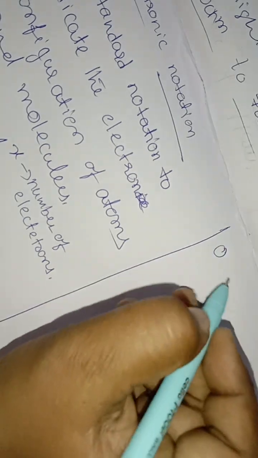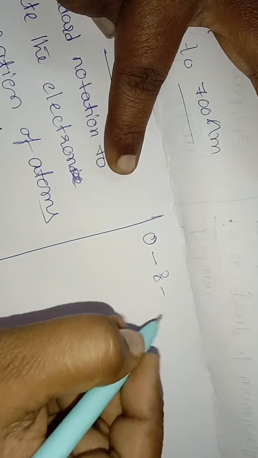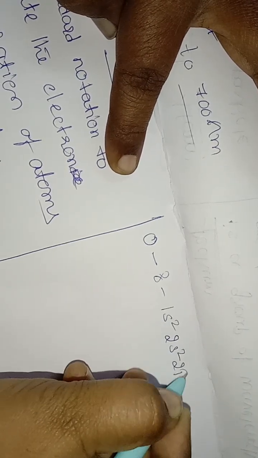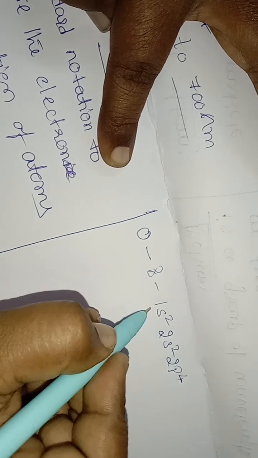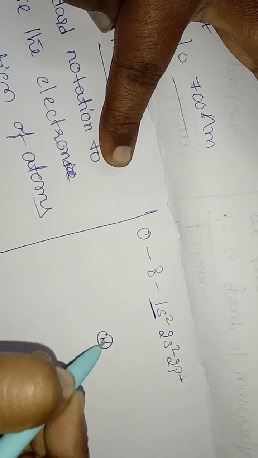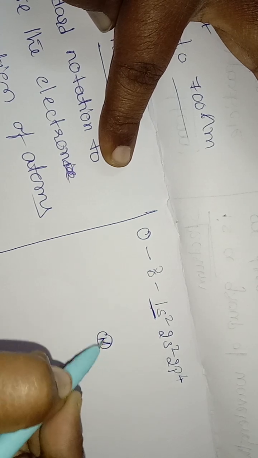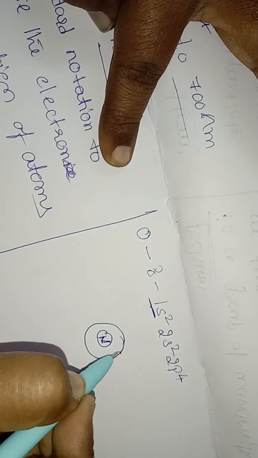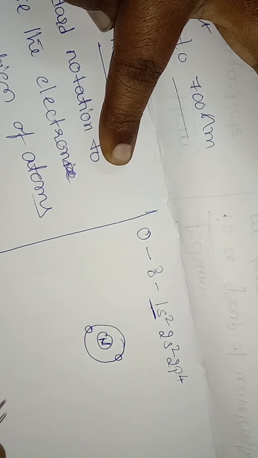Next, suppose you take oxygen, having 8 electrons. We can write this configuration as 1s2, 2s2, 2p4. The first orbital, the main shell, around the nucleus, which has protons and neutrons, contains 2 electrons.